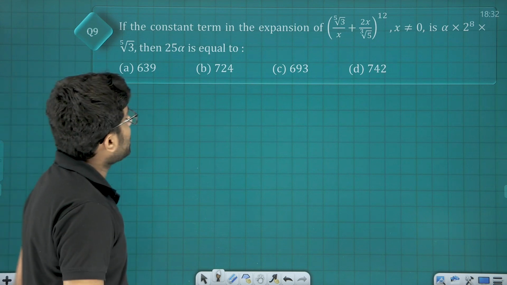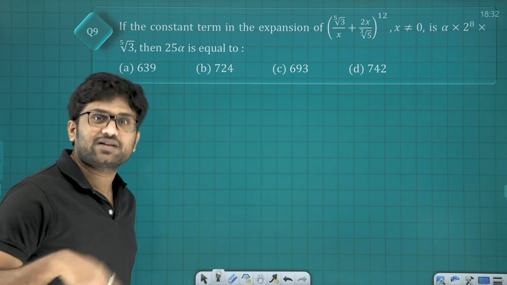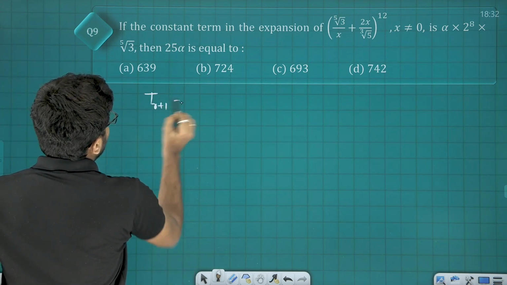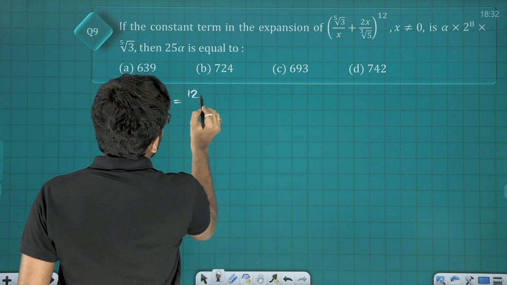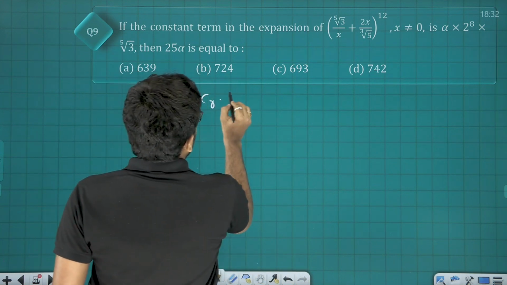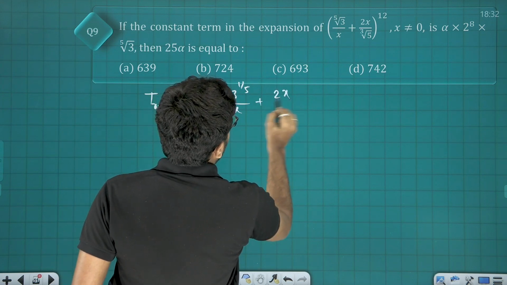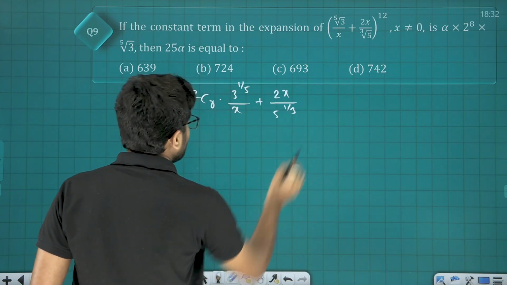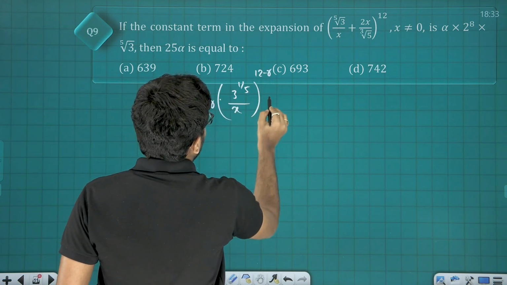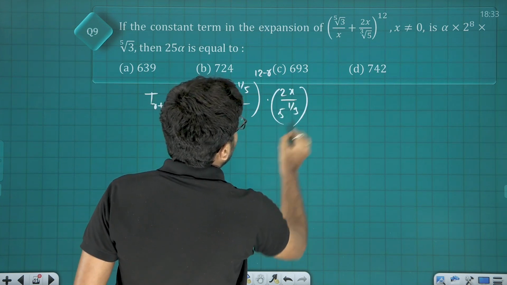Next, if the constant term in the expansion of so and so. Constant term in the sense, it's like term independent of x. First write the general term, friends. So T(r+1) is equal to 12Cr into (3 power 1 by 5 divided by x) whole raised to 12 minus r into (2x divided by 5 power 1 by 3) whole raised to r.